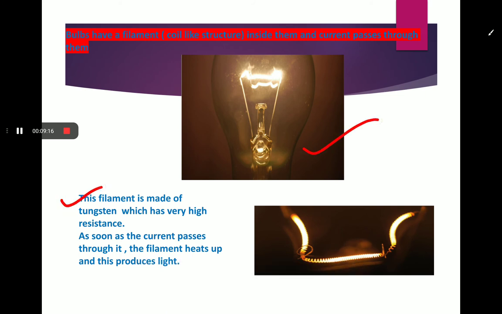This filament is made of tungsten, which has very high resistance. As it has very high resistance, it produces a larger amount of heat when the current passes through it, and when the filament heats up, it becomes white hot and produces light.